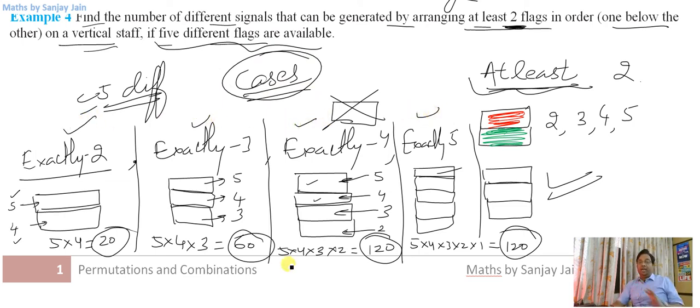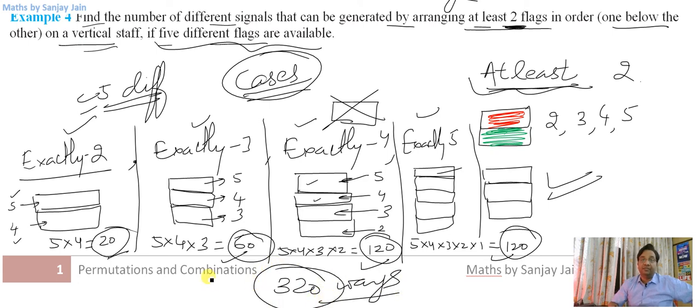So you need to add these to find the total number of ways. So 20 plus 60 is 80, 80 plus 120 is 200, 200 plus 120 is 320 ways. Now these are 320 different signals that can be generated by arranging at least 2 flags, one below the other, out of these 5 different flags.